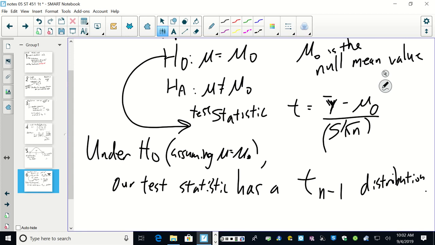And so, how far is y bar from mu sub 0? Well, it's going to be measured in these standard error units, s over the square root of n, and how many of those are weighed. But we're going to ultimately judge it in comparison to this particular probability distribution. If it's out in the tails of that, if it's extreme, it's something that's not very likely to happen.